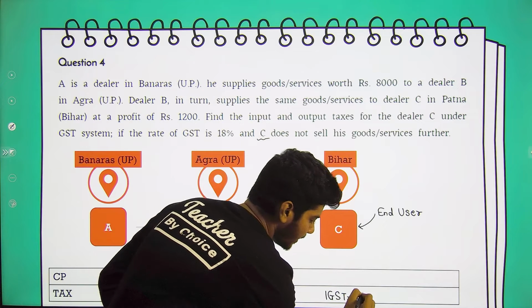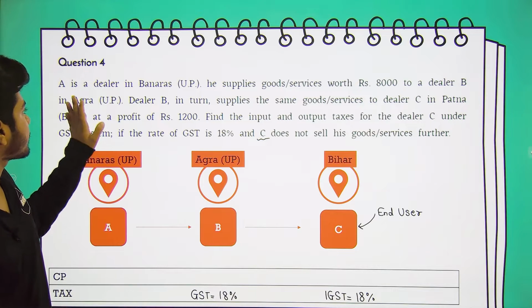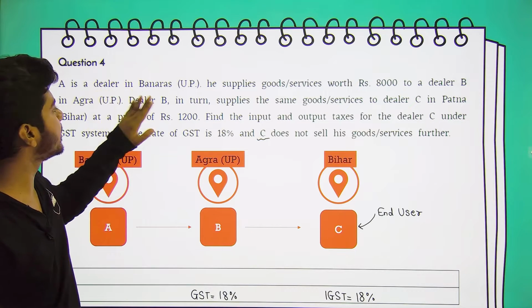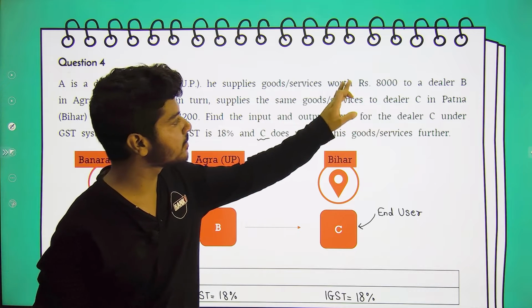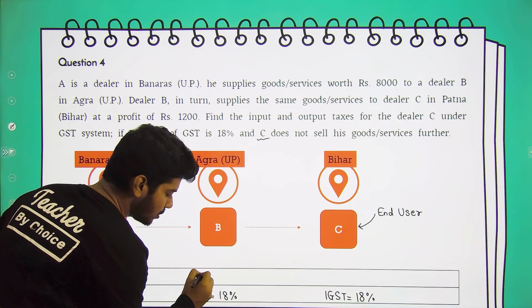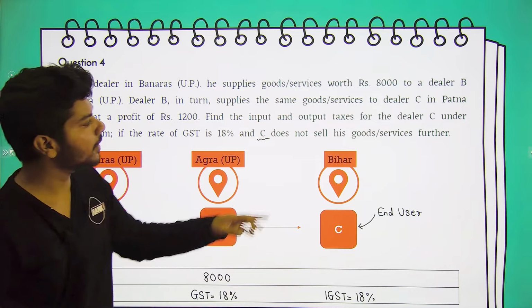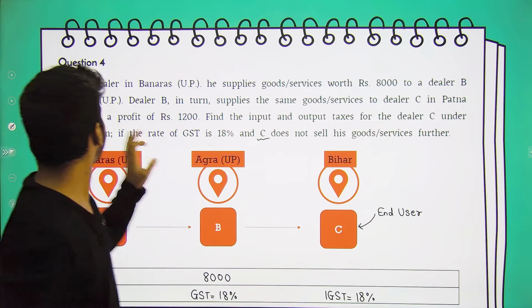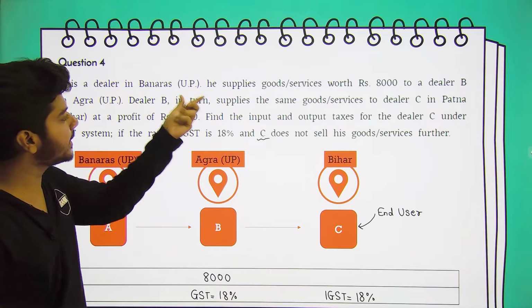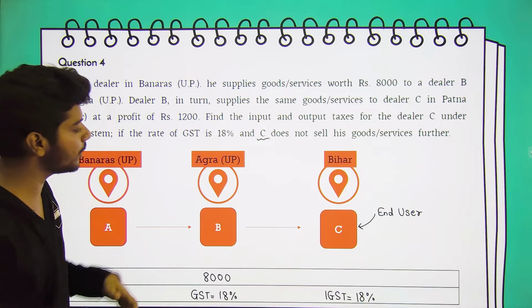18%, we'll calculate 18%. Now, see, A is a dealer in Banaras. He supplies goods and services worth rupees 8,000. From here to here, he is selling some goods worth rupees 8,000. Now, dealer B in turn supplies the same goods and services to dealer C in Patna at a profit of 1,200.